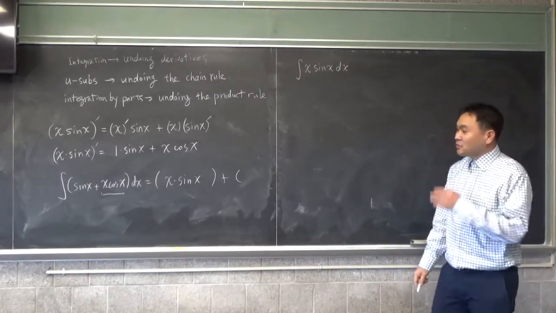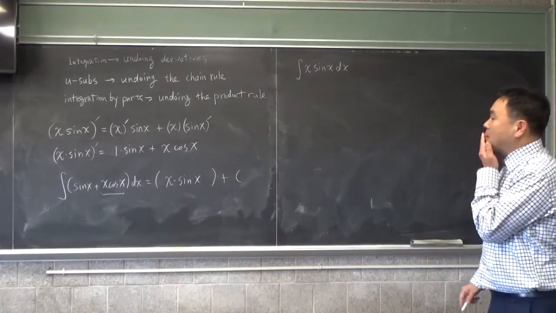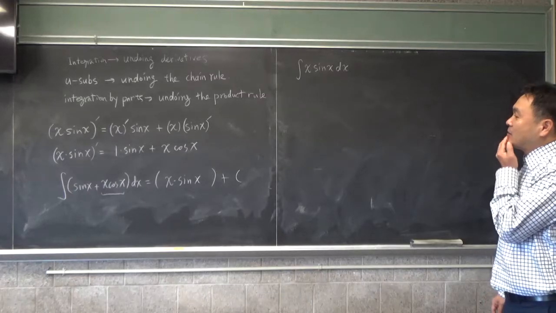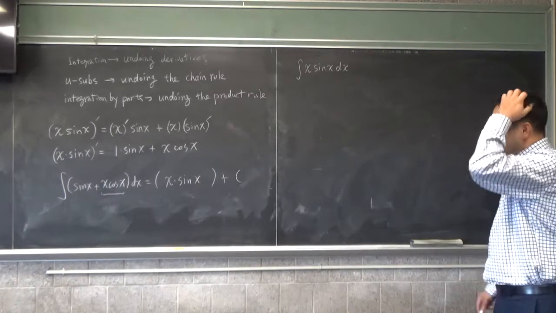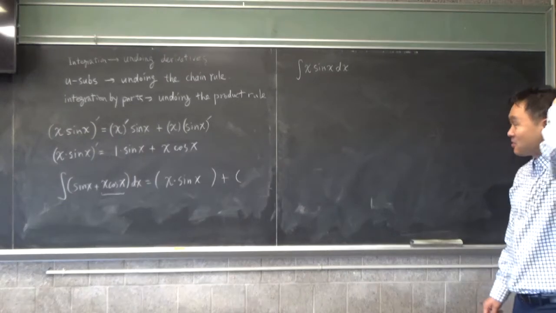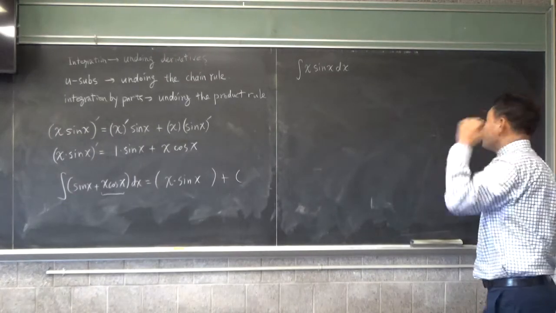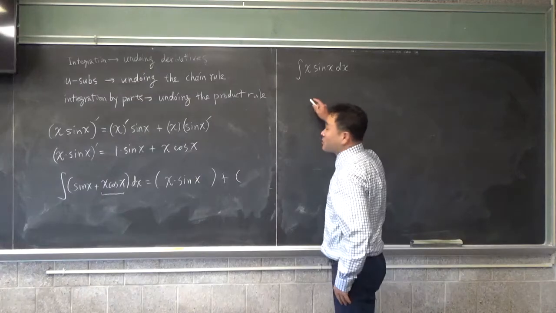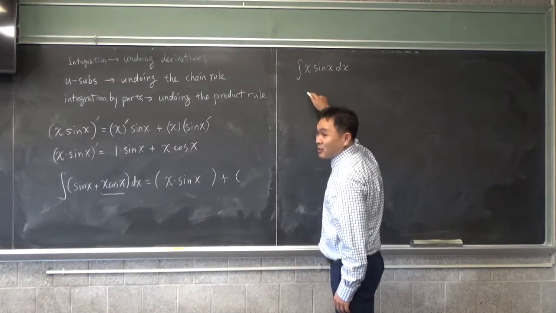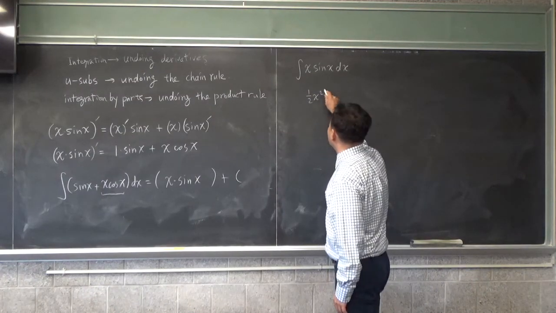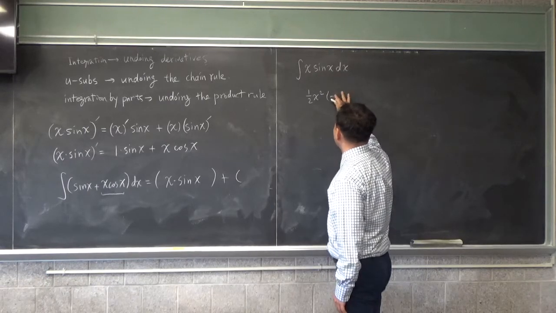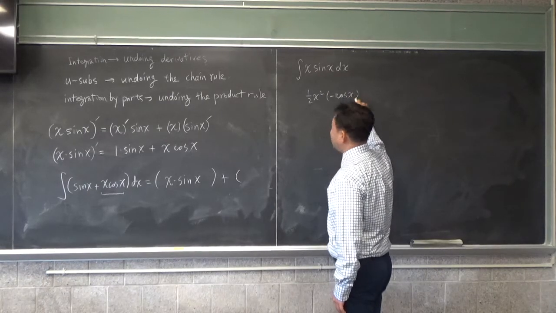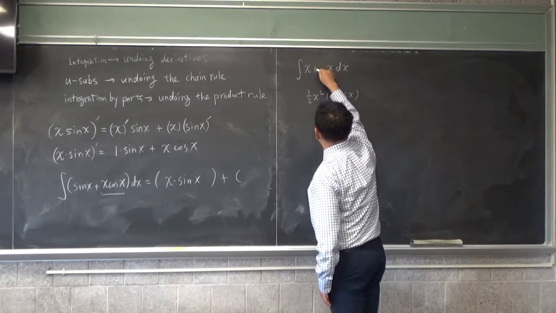And at first you're like, okay, well, I don't see how we can just select that much. And you might start doing other stuff like, oh, maybe you should just integrate them separately. Would that work? If you integrate x, it's 1/2 x squared. Integrate cosine, it's sine.